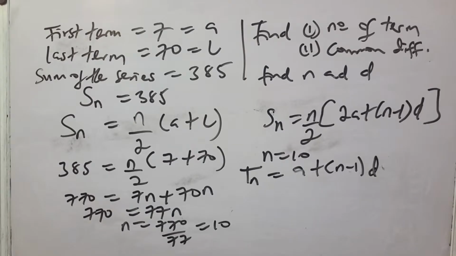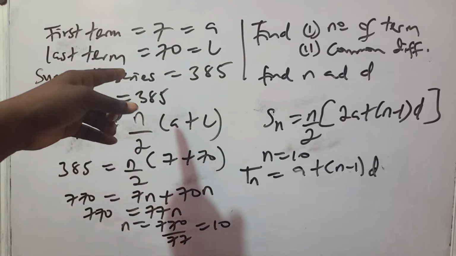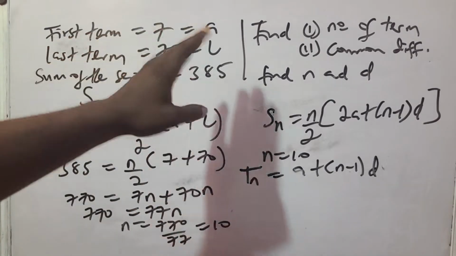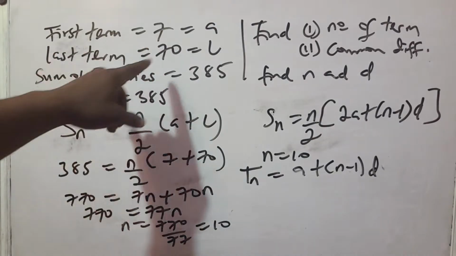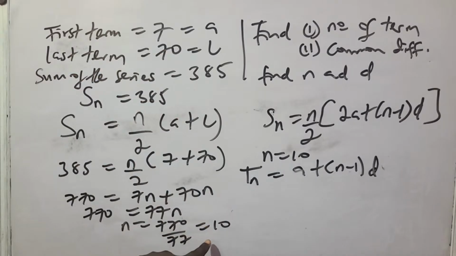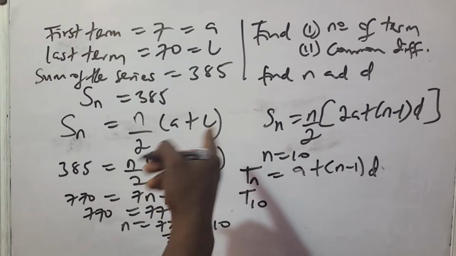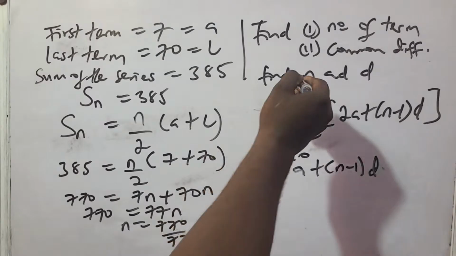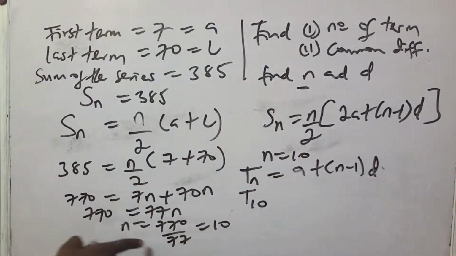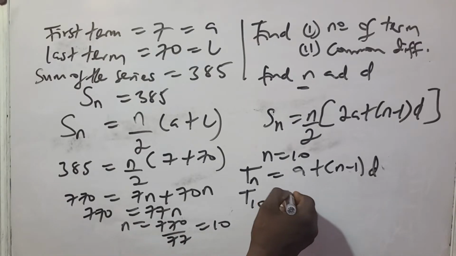So at this point, the best one to use is this, because your first term is a, your last term is 70. Now, the number of terms we have found to be 10, and that means my t10 is going to be my last term, because the total number of terms was 10. So our t10, which is the last term, will be equal to 70.